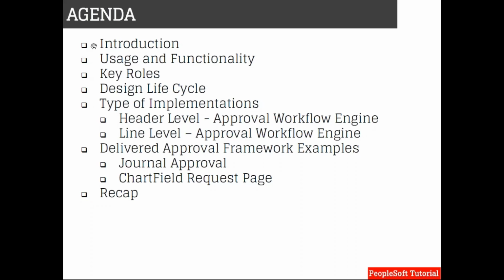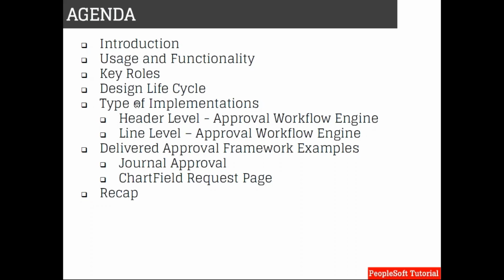We'll start with some introduction, then we'll see the usage and functionality of approval framework. We'll see what key roles are involved in the implementation and working of approval framework. We'll see the high level design lifecycle for approval framework.